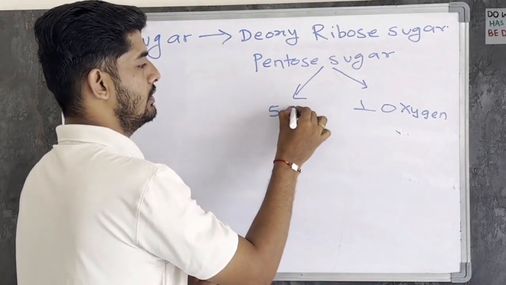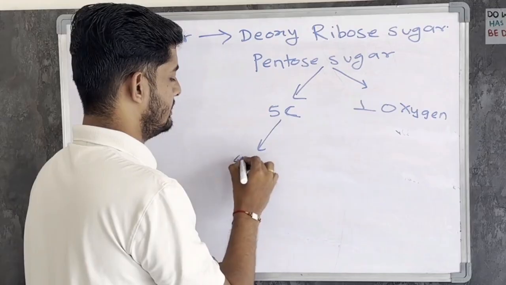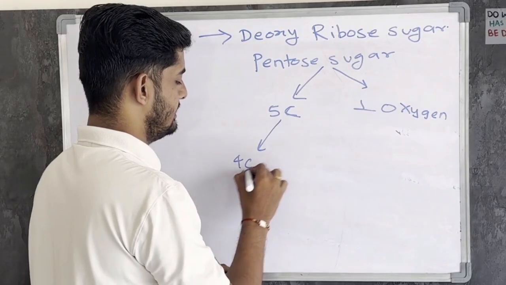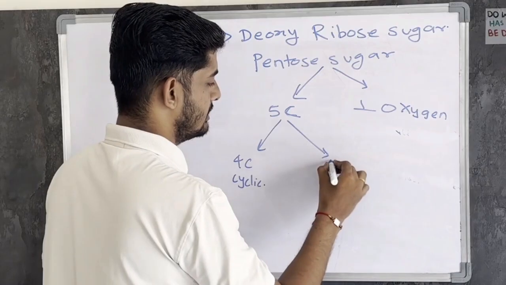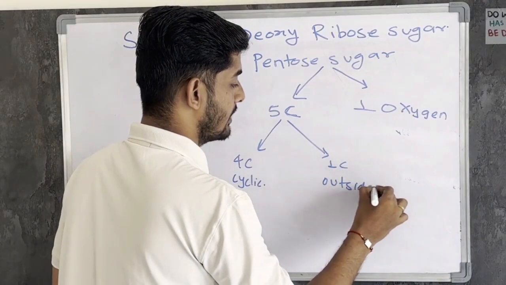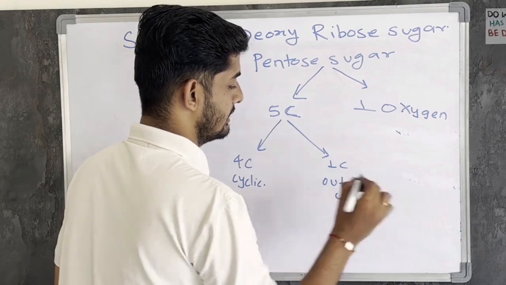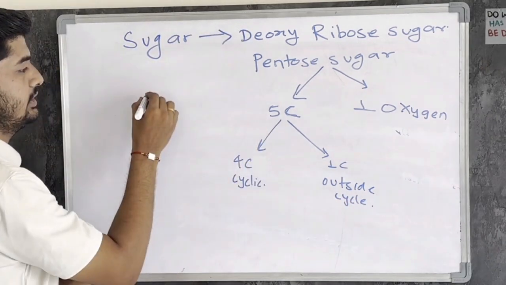Out of these 5 carbons, 4 carbons are in the cycle. They are cyclic. And the one carbon that is left is present outside the cycle. Now we will see the structure of this pentose sugar. So this is our oxygen molecule.